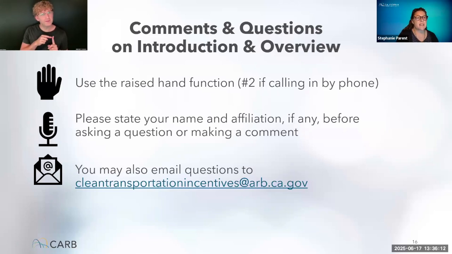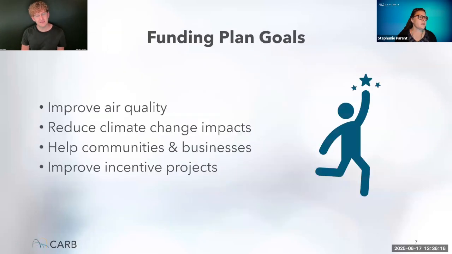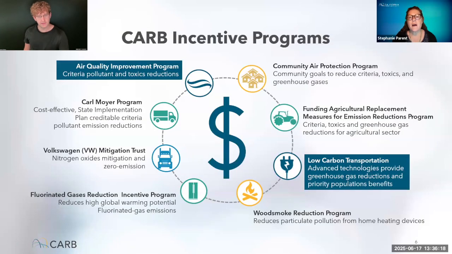Gretchen, maybe we could go back to slide 6. So this slide shows a variety of CARB incentive programs, including Carl Moyer and other things like that. But in the funding plan, we're really just focused on the air quality improvement program, the low carbon transportation.